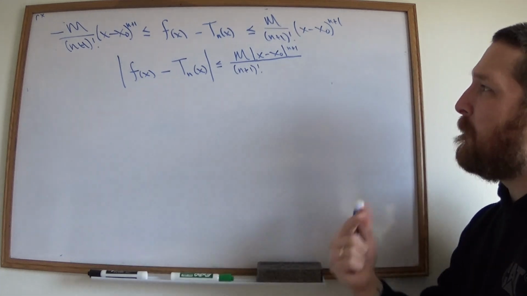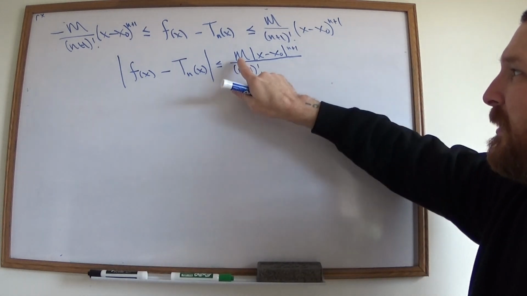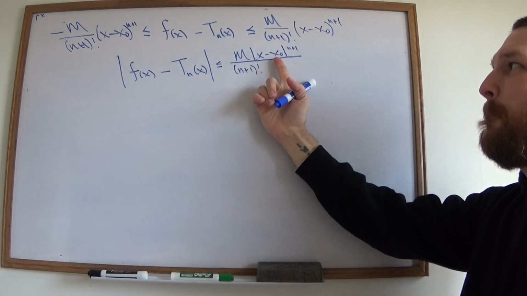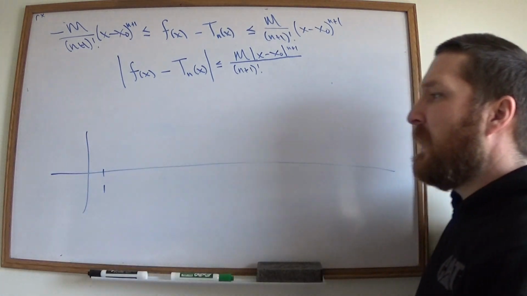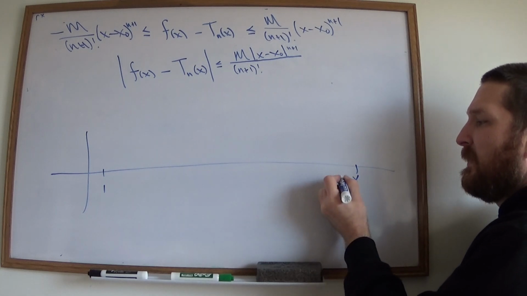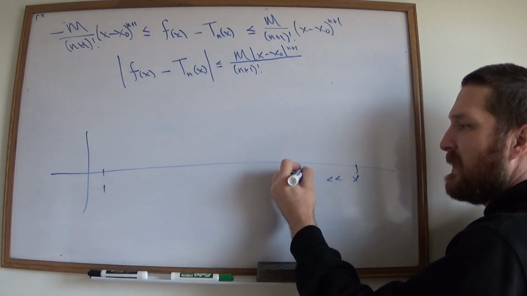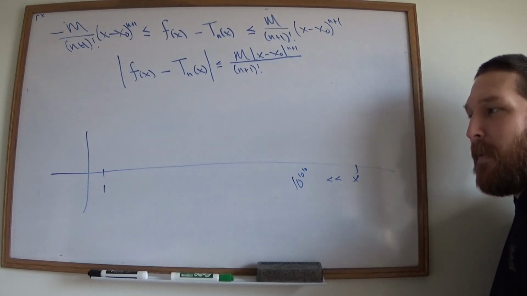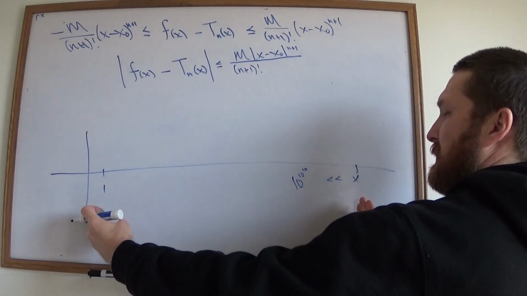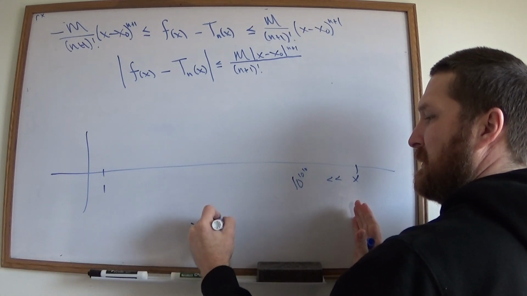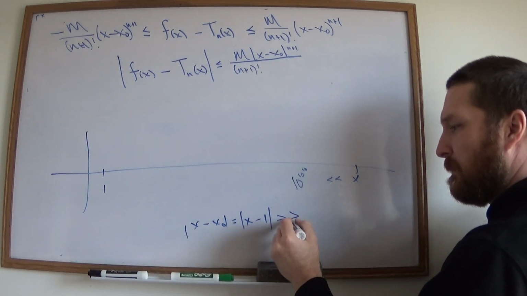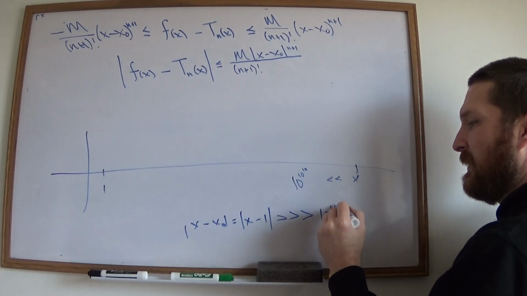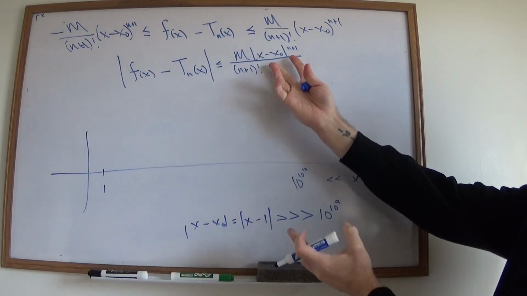Now, my claim is that no matter how big M is, let's say your x0 is a 1, and you want to take an x out here that's bigger than 10 to the 10 to the 10, so that x minus x0, which would be x minus 1, is a really, really huge number. And M can be arbitrarily large.